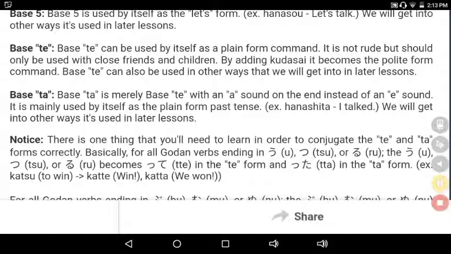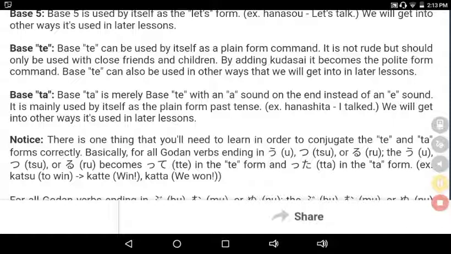Base te can be used by itself as a plain form command. It's not rude, but should only be used with close friends and children. By adding kudasai, it becomes the polite form command. Base te can also be used in other ways that we will get into in later lessons. Alright, base ta.